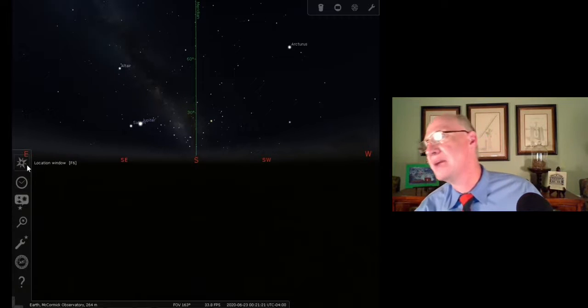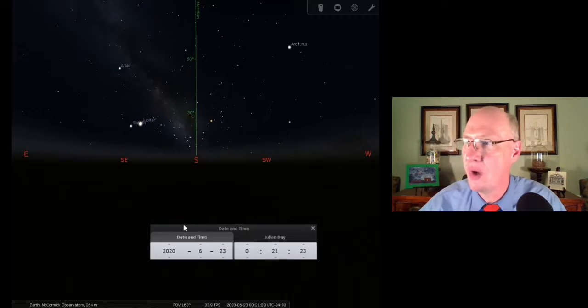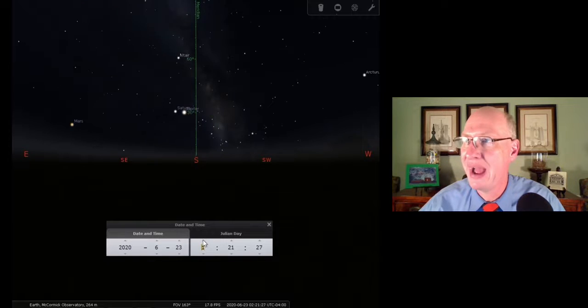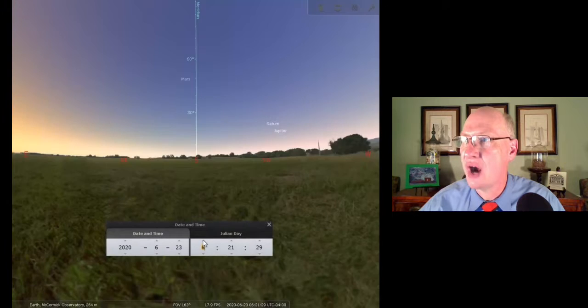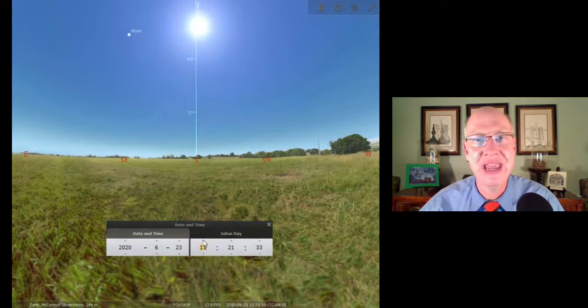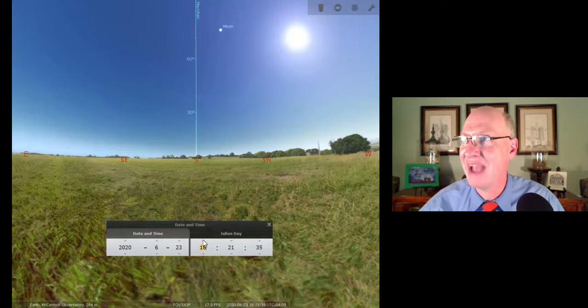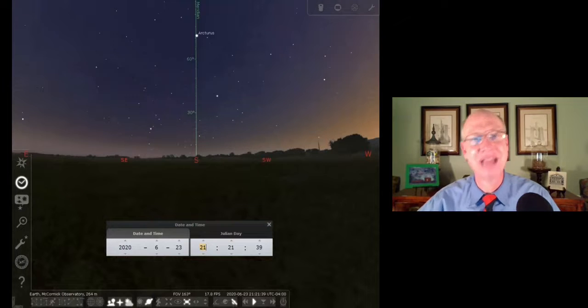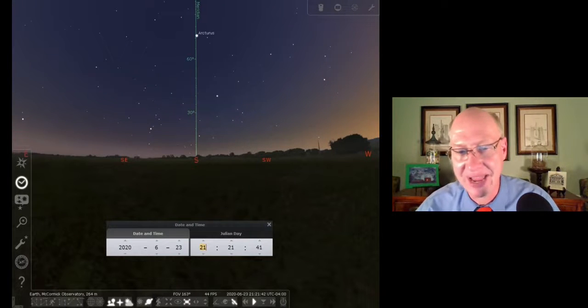So if I bring my day and time window up and move hour by hour, you will see that as the stars and the sun move across the sky, when they are on their meridian, they are at the highest of the day, and then after that they get lower and lower. So the meridian marks that point of the day when the sun is highest.